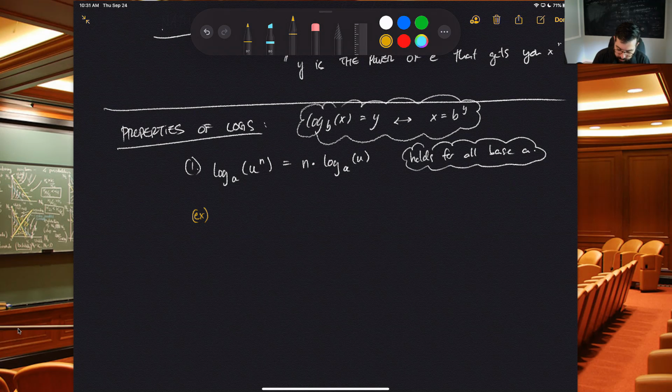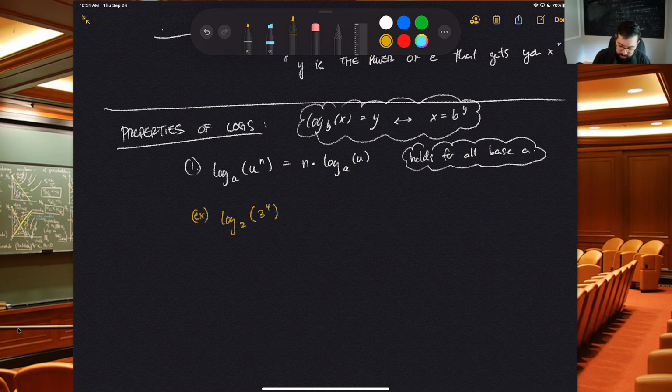So let me give you a quick example. If I have log base 2 of 3 to the 4th power, it's not going to be a super nice number because 2 to some power probably isn't going to get me 3 to the 4th. In fact, it won't.